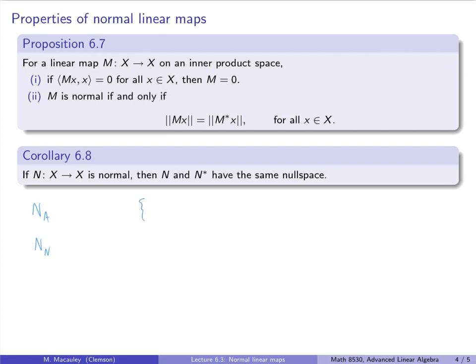The null space of N is the set of all vectors in X such that the norm of Nx equals 0. And by Proposition 6.7, this is the same set as the set of all vectors such that the norm of N star x equals 0.